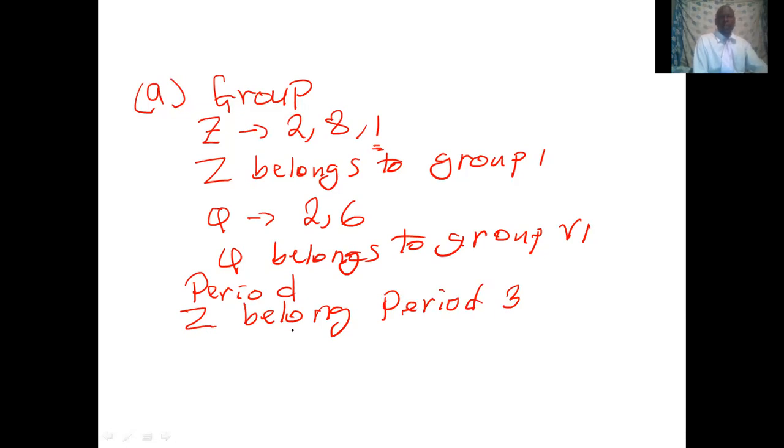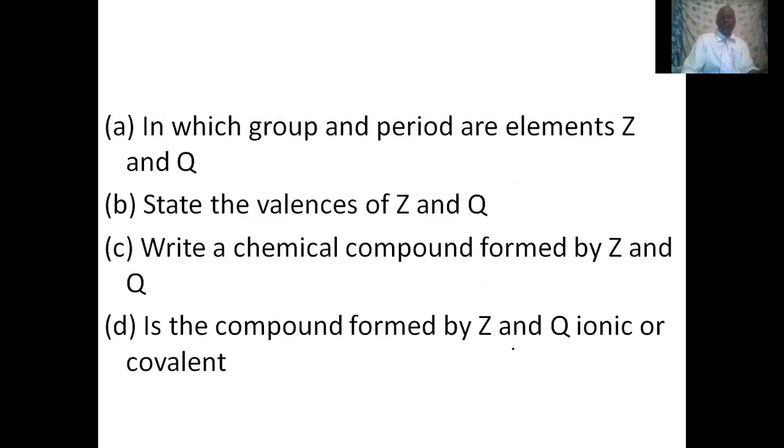While Q belongs to period 2 because it has 2 shells.